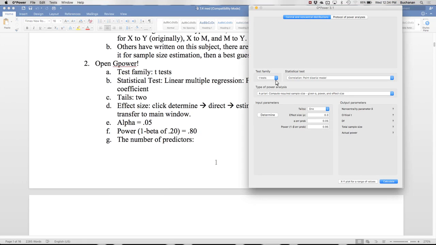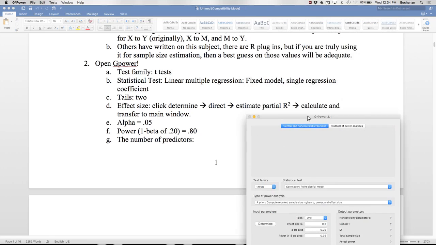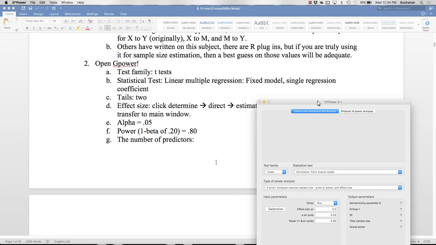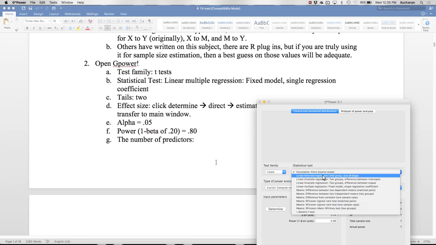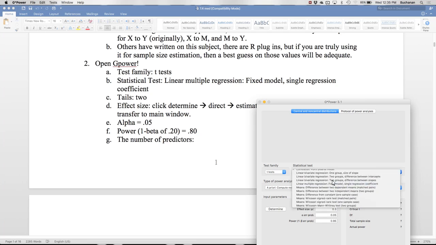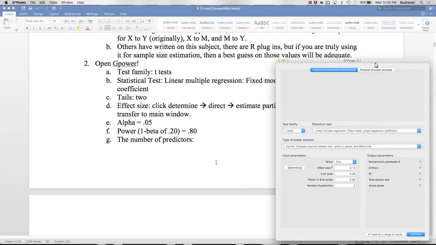So under test family, pick t. That's what it starts with. And then linear multiple regression, fixed model, single regression coefficient, because we're interested in the significant one to be B, kind of the final one. So fixed model, single regression coefficient.